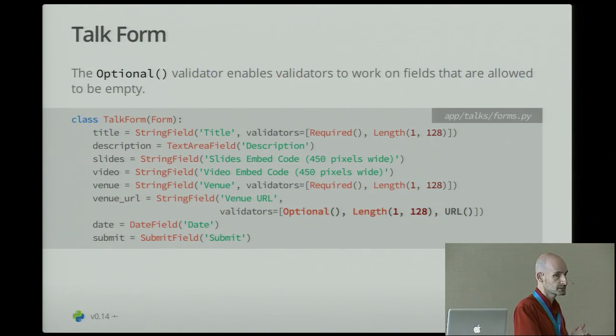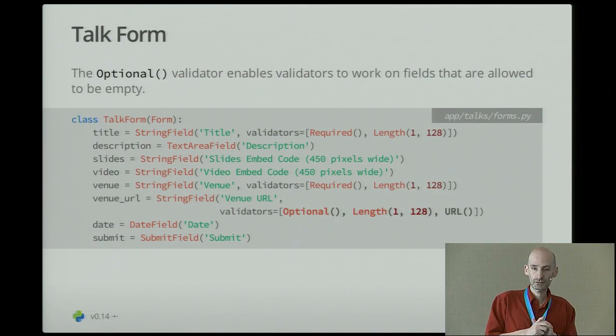This is my form where I'm going to define my talks. It's not really that different. The only thing that's new, I have one thing, the venue URL, which is optional. So that it's okay to be empty, but if it's not empty, I want it to be between 1 and 128 characters long, and I also want it to be a URL.